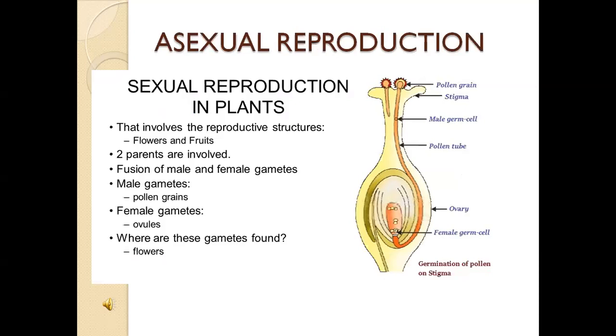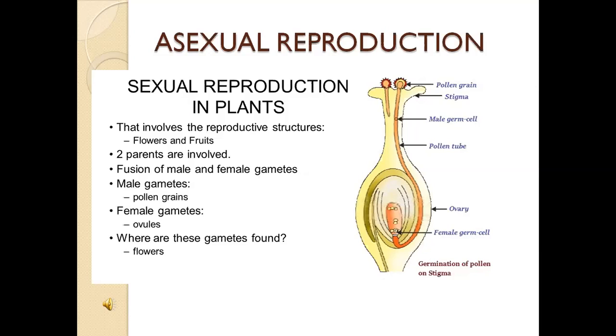Sexual reproduction in plants involves the reproductive structures, which are flowers and fruits. These are important for plants to develop their young ones. Two parents are involved in sexual reproduction. Third, fusion of male and female gametes.